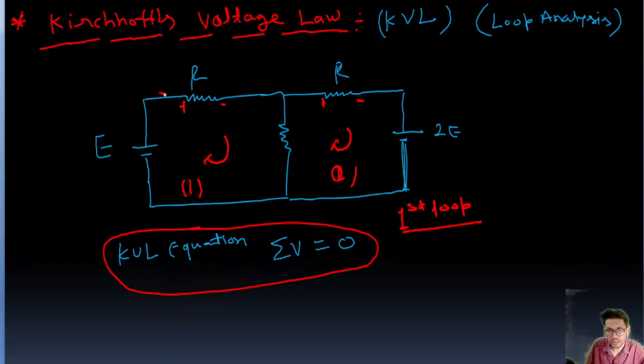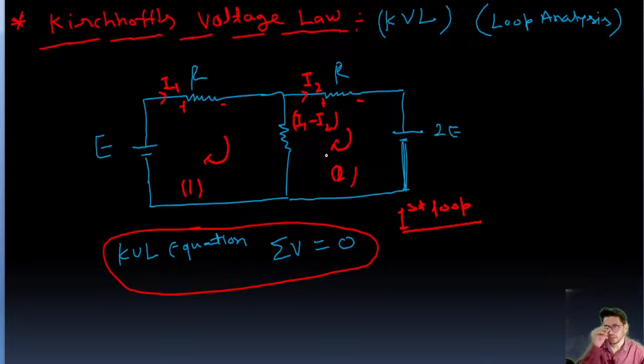Let's suppose the current here is I1 and this is I2, so the current here is going to be I1 minus I2, because the total current is I1 and I2 goes here, so the remaining current is I1 minus I2.